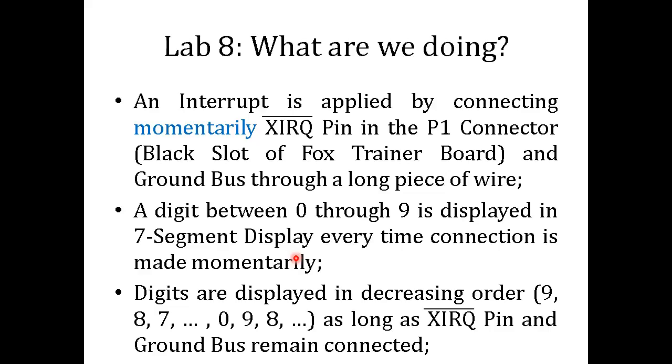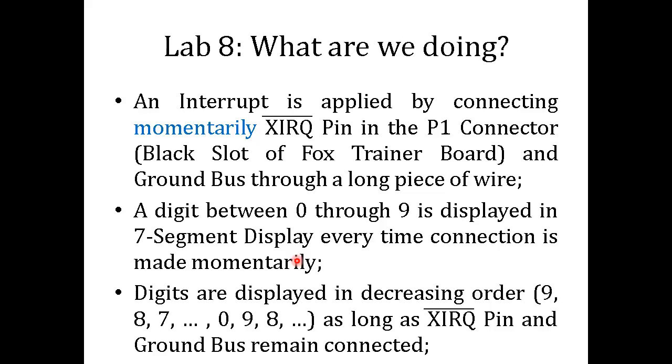And then if you touch it again, it will display the next digit, like 8. So it will actually keep decreasing every time. That's how we have written the subroutine. We'll show you the subroutine, okay? So it will show you 9 first, and then if you touch it again, it will show 8. If you touch it again, 7. If you touch it again, it will show you 6.